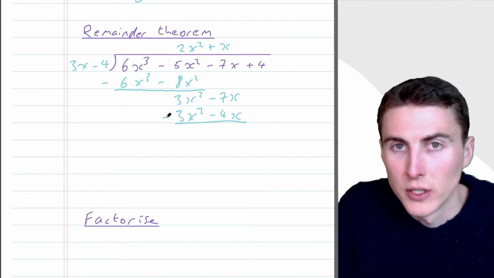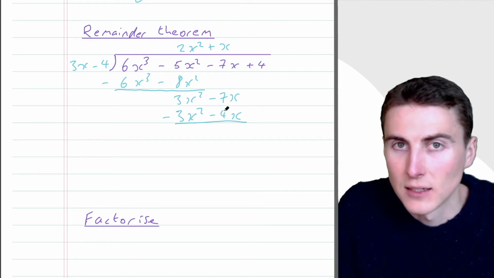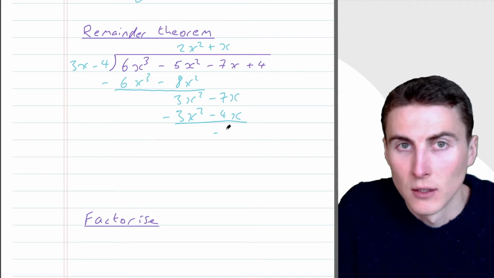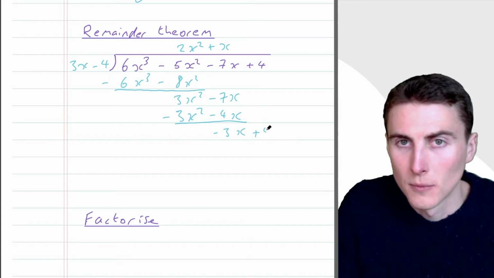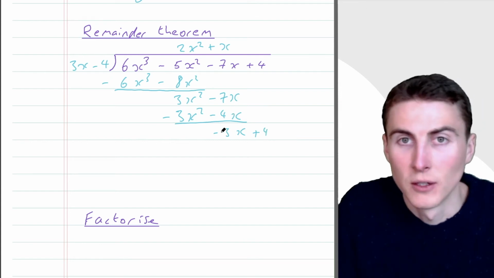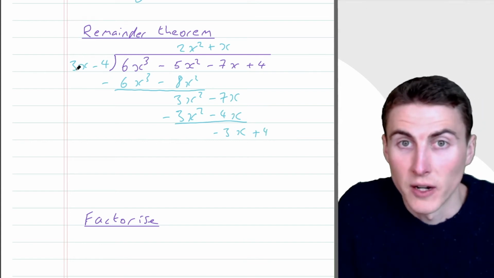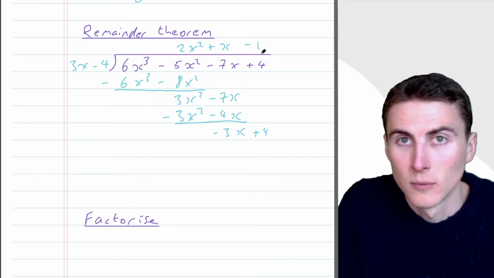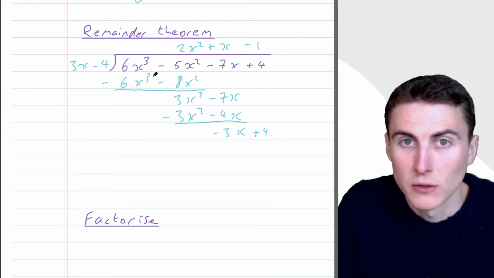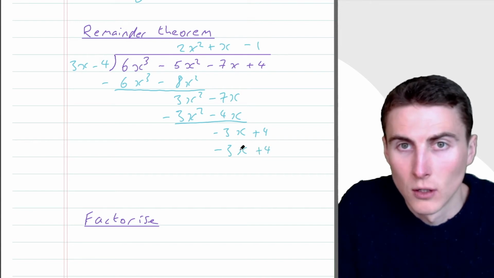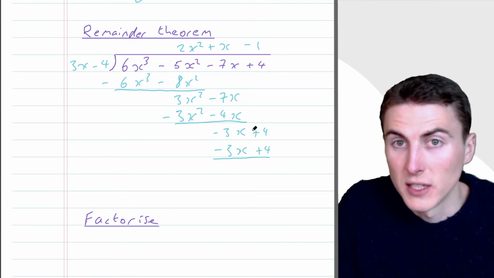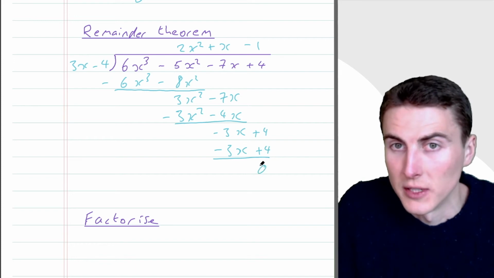Minus 7 take away minus 4 is like adding, so now I get minus 3x. Pull down the positive 4. Repeat the same thing: minus 3x divided by 3x is minus 1. Minus 1 times these two things is minus 3x, add 4. Because these are the same, when I subtract them, it's just going to give me 0.